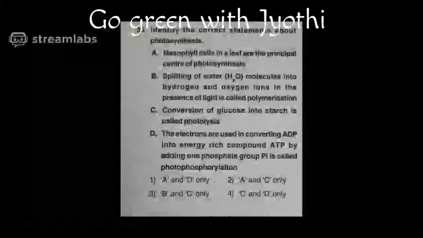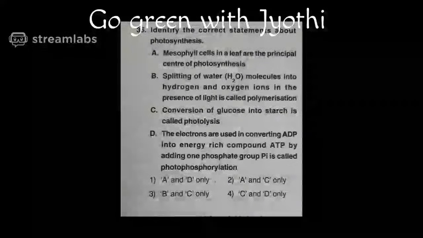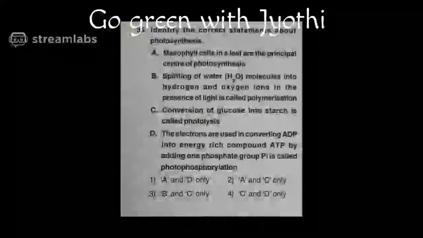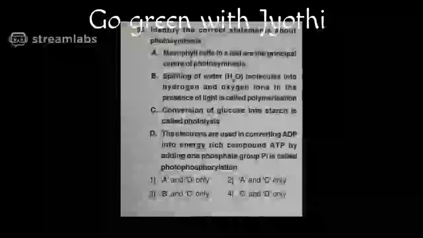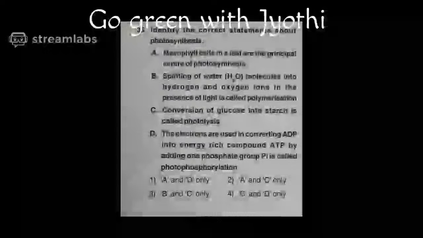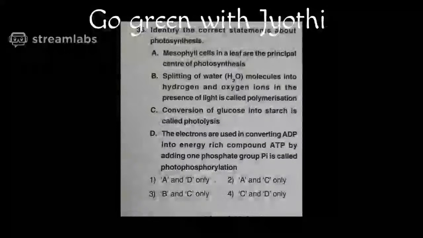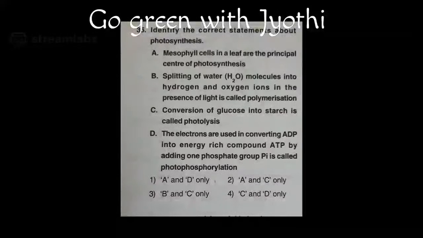Mesophyll cells are the principal center of photosynthesis. Mesophylls in a leaf are the principal center of photosynthesis. Next statement: splitting of water into hydrogen and oxygen ions in the presence of light is called polymerization.